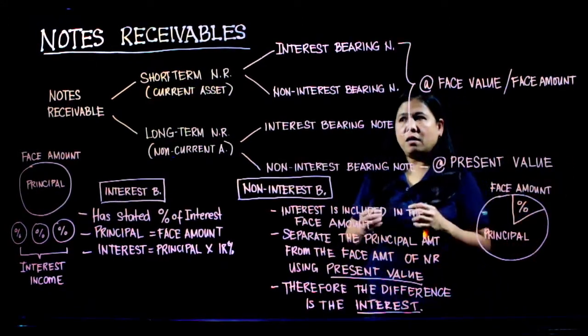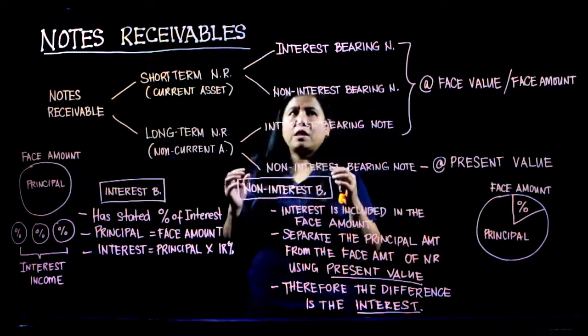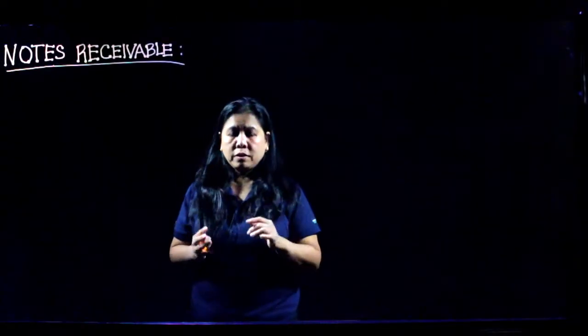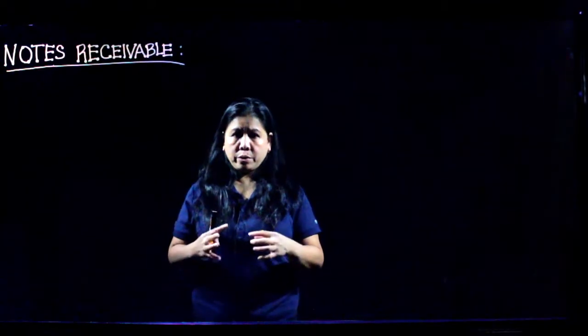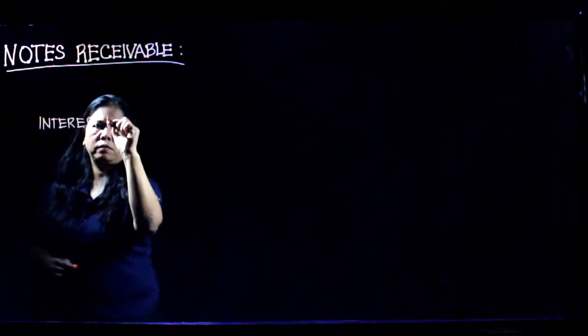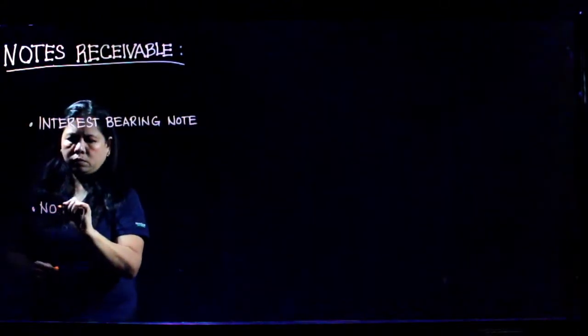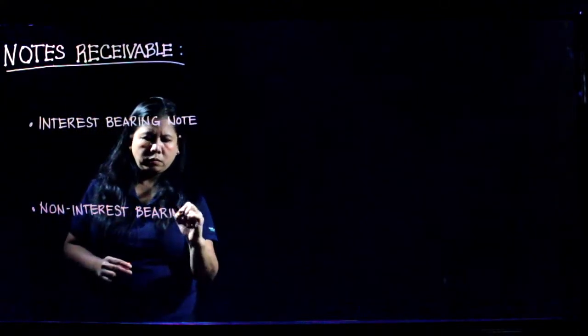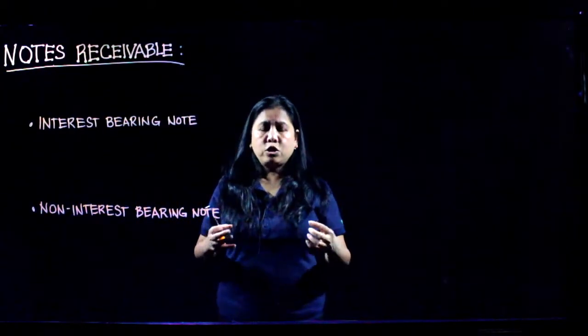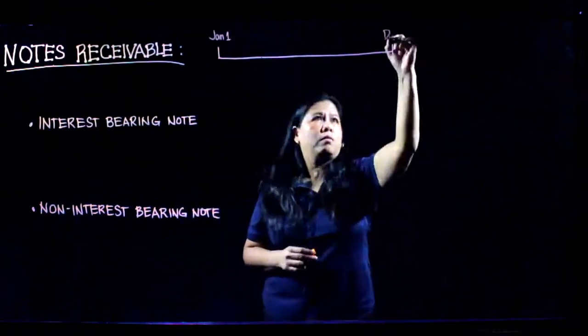Let's see the accounting of the interest-bearing note and the non-interest-bearing note. Now let's get to know more about interest-bearing notes and non-interest-bearing notes. You initially recognize an account on the transaction date.